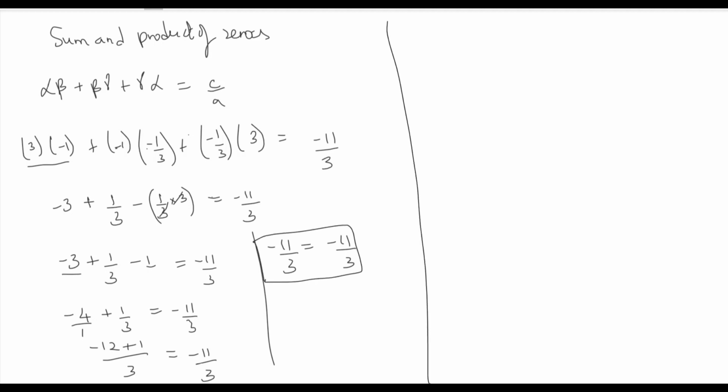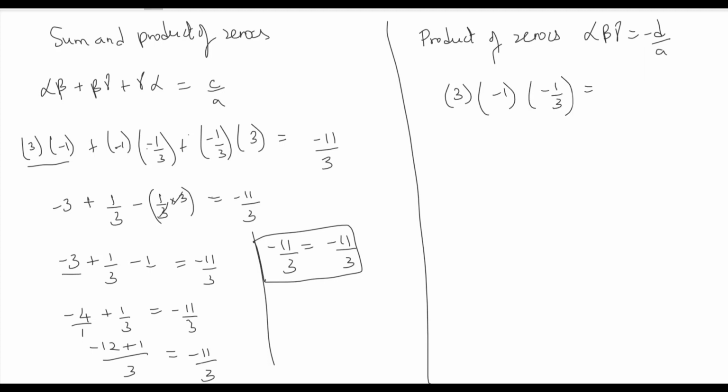Now, let's verify the product of zeros for cubic polynomial. That is alpha beta gamma equal to minus d by a. Here alpha is how much? Alpha is given as 3, beta is given as minus 1 and gamma is given as minus 1 by 3, where our coefficient d is minus of minus 3 and coefficient a is 3.